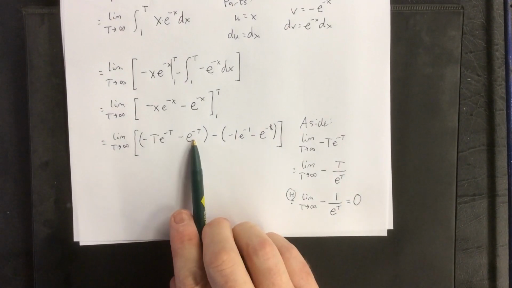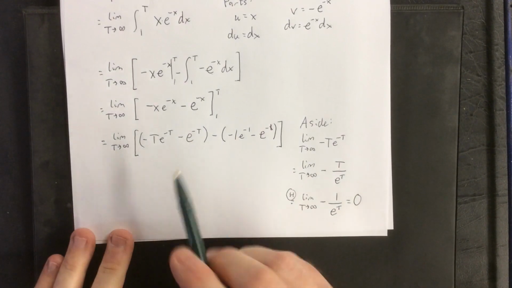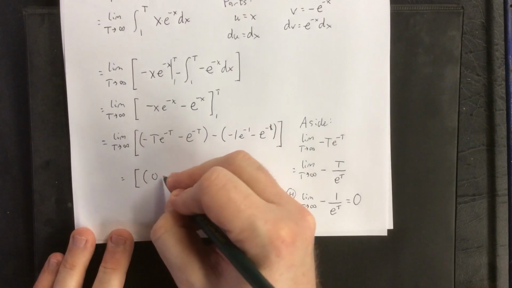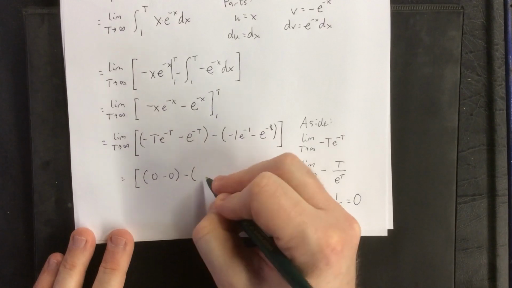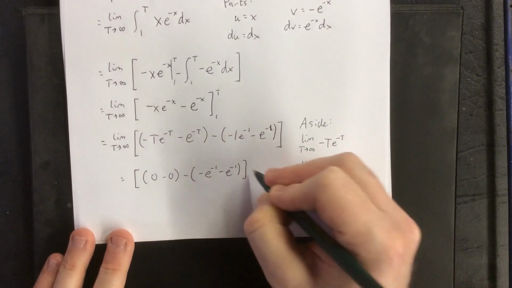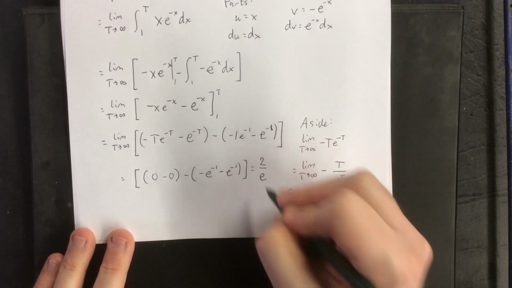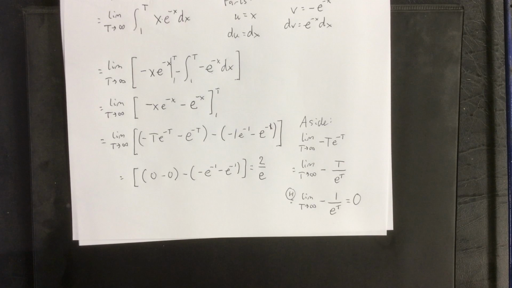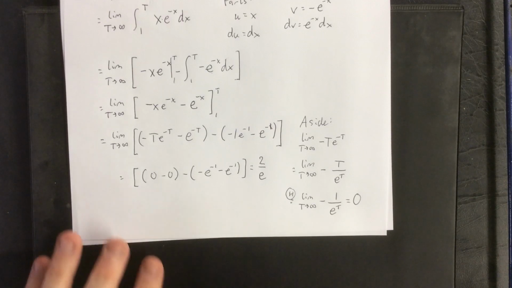This is the same as this limit, which we already stated will go to 0. So we wind up with 0 minus 0 minus negative e to the negative 1 minus e to the negative 1. This number is 2 over e. I do not care what the value of that number is. I care that we actually got a number.